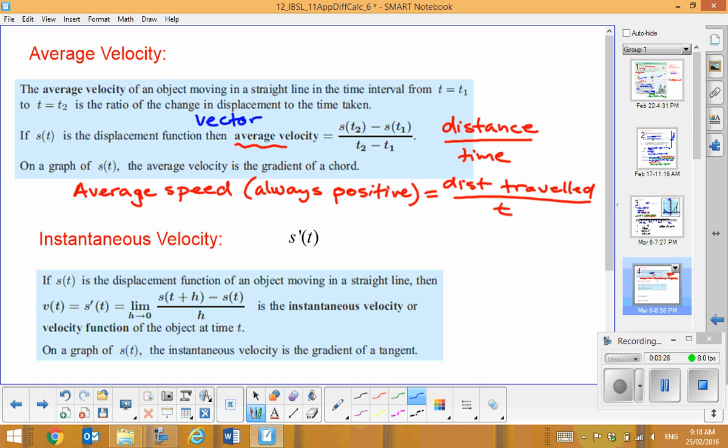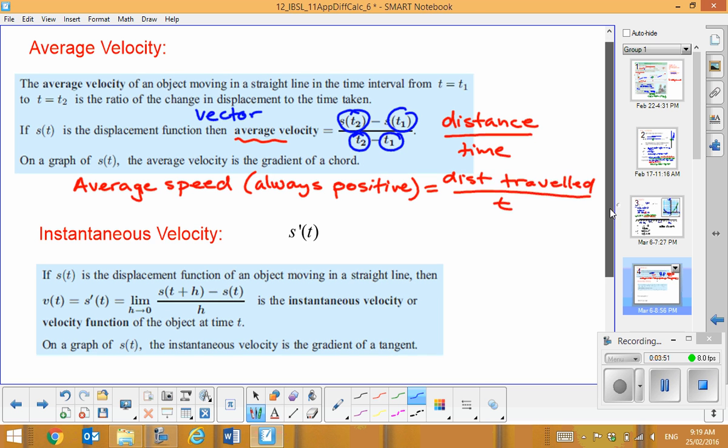There are 2 things I need you to understand. One is average velocity, where we're taking 2 separate times and 2 separate displacements. It could start at 0, or it could be between time 2 and time 5, so you can pick your time interval.